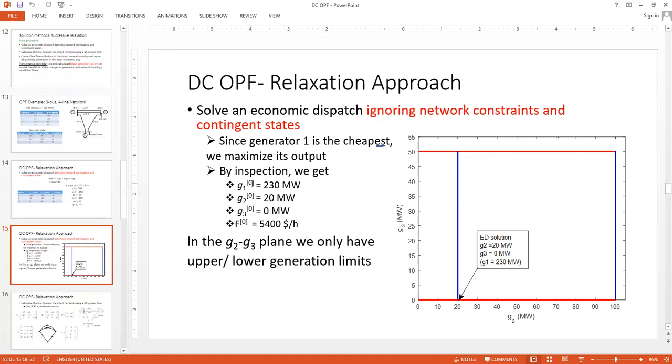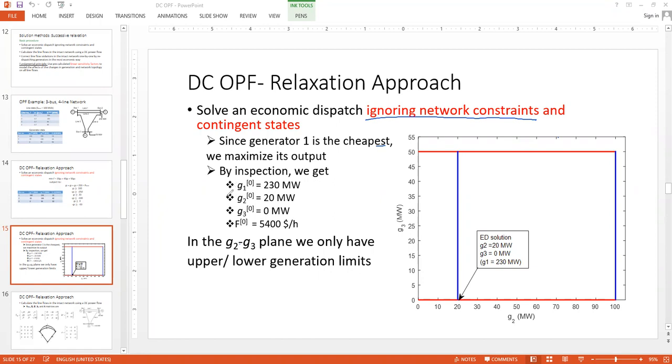So G1 subscript 0 means it is our 0th trial, or the first trial. Remember, I talked about trials. This is the relaxation approach, so in the relaxation approach we will go through trial and error. So this is our first trial, and that's why we are denoting the values by G1 subscript 0. In this trial, we are ignoring all the network constraints. That's fine, we already discussed what that means.